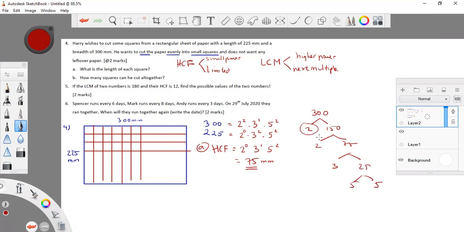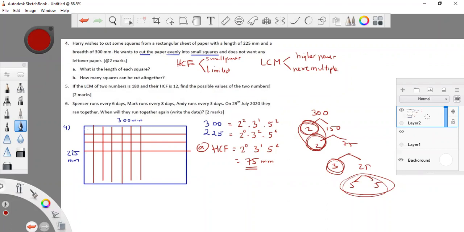So the 2 has power 2. We have 2 of 2, 1 of 3, 2 of 5. So 2 to the power 2, 3 to the power 1, 5 to the power 2. Get it, Leon?